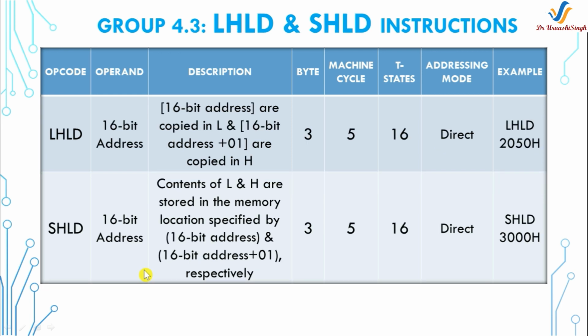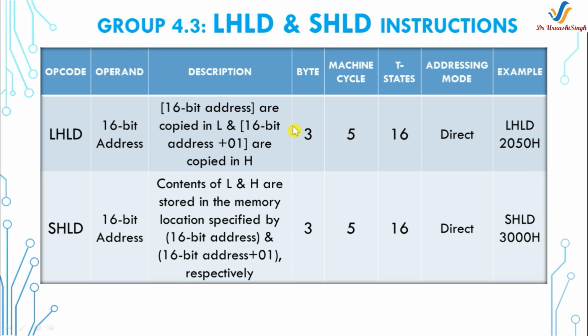LHLD and SHLD instructions. Let's once again understand the opcodes first. L stands for loading, HL is the register pair, D is denoting the direct addressing mode. So load HL register pair with the contents of the memory location specified directly in the instruction.